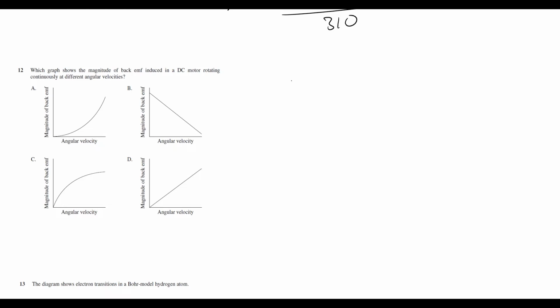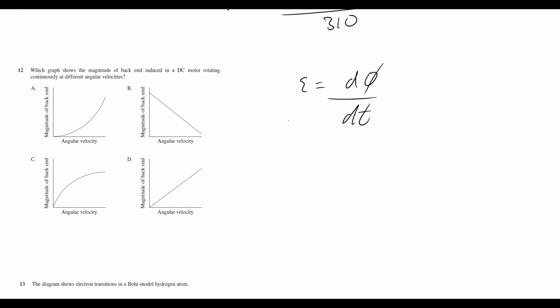Well, we can say that it is proportional to d phi over dt. So phi is going to be measuring the angle, and so d phi dt is simply the angular velocity. So since it's proportional to this term here, that means it's going to be a linear relationship.